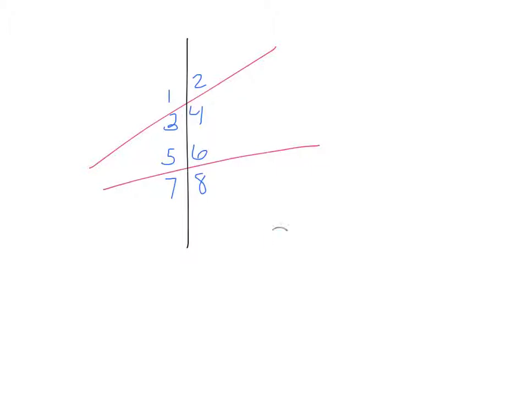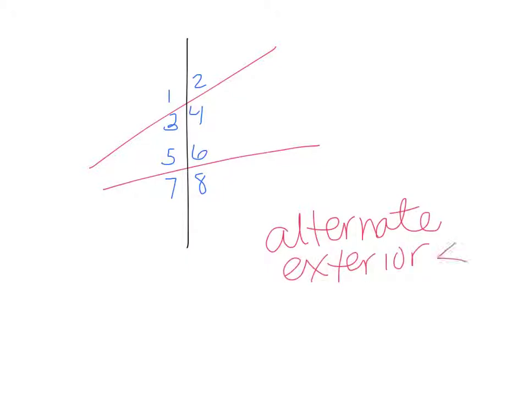In this case, they would be 1 and 8 and 2 and 7. Alternate, opposite sides of the transversal. Exterior, outside the red lines.